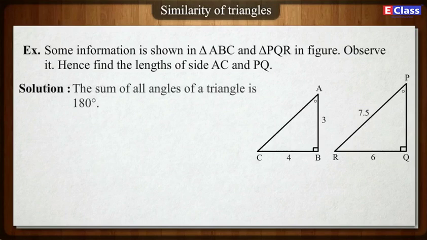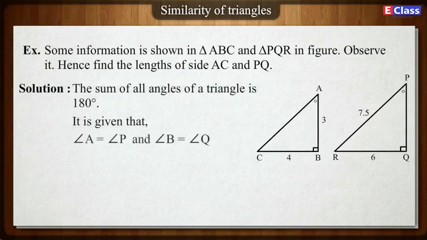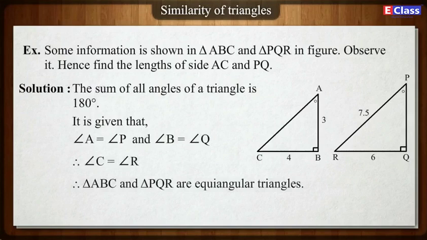It is given that angle A is equal to angle P and angle B is equal to angle Q. Therefore, angle C is equal to angle R. Therefore, triangle ABC and triangle PQR are equiangular triangles. Therefore, their sides are proportional.